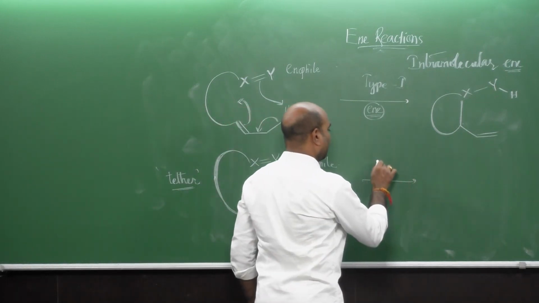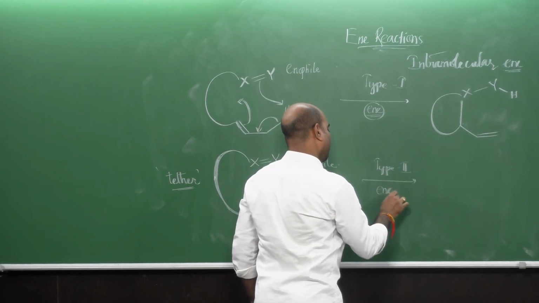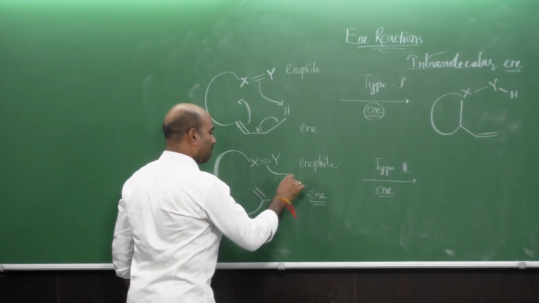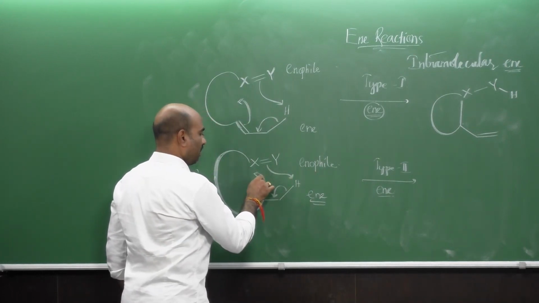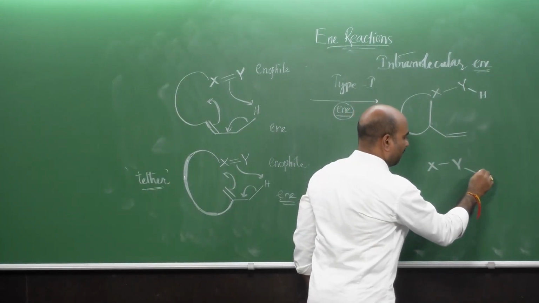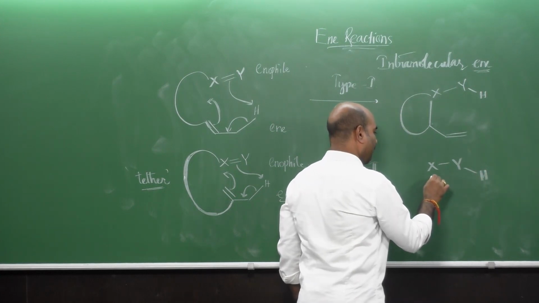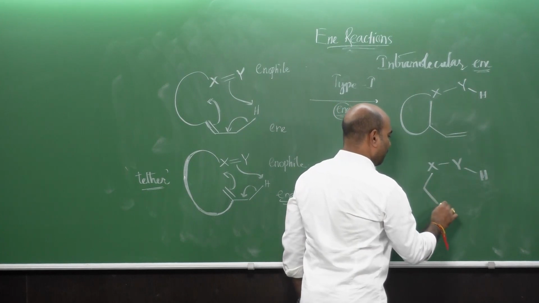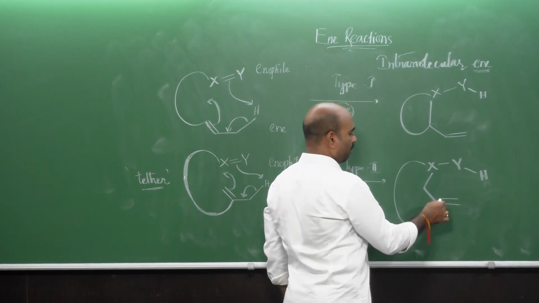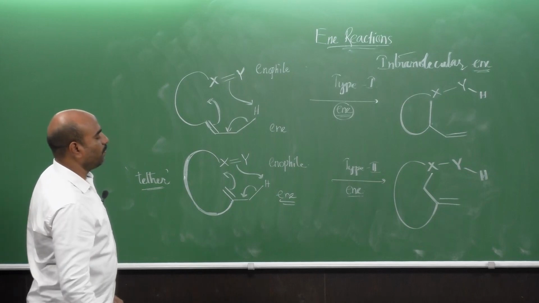It is type 2 intramolecular ene reaction, and what is going to happen again? The same story. The product is XY, Y has taken the hydrogen. Transfer of hydrogen has happened already, and now this is the double bond. The connection is here, so the tether part is connected to this carbon atom. So this is type 2.